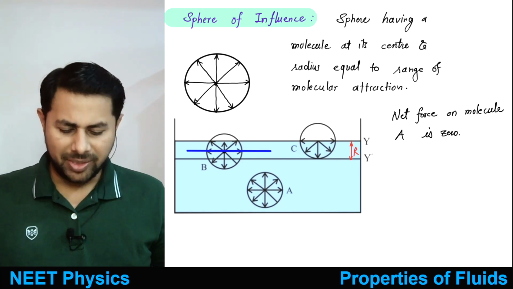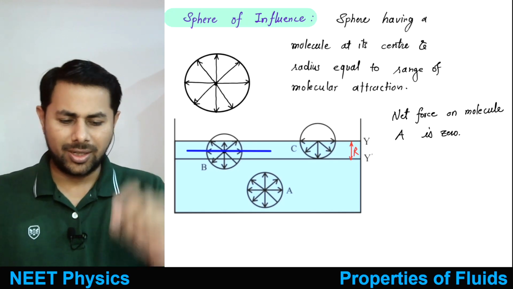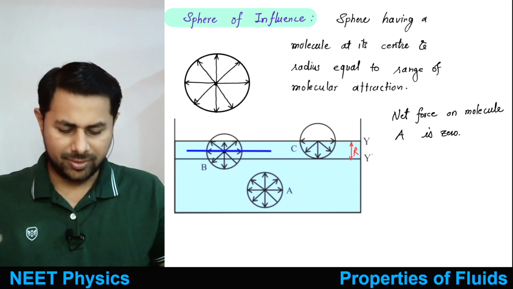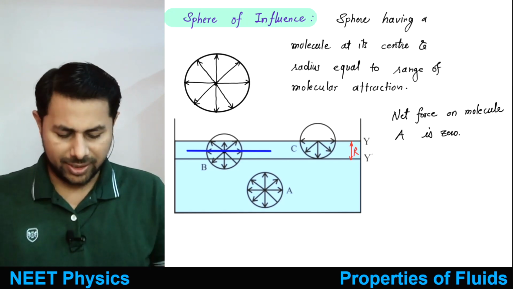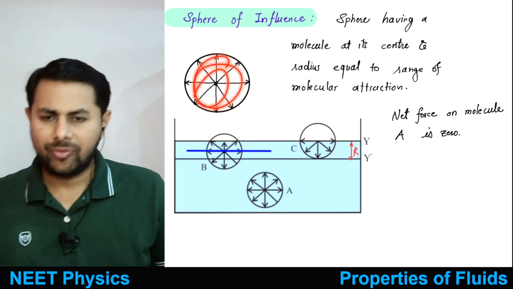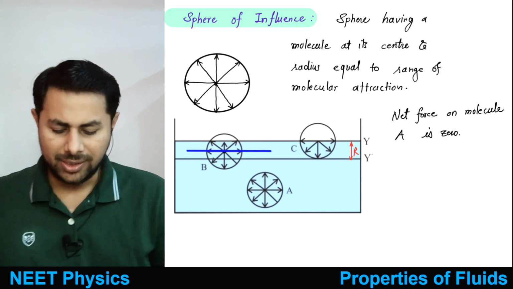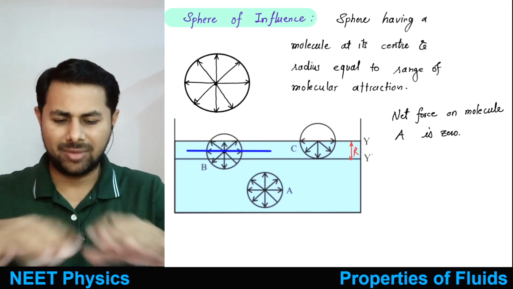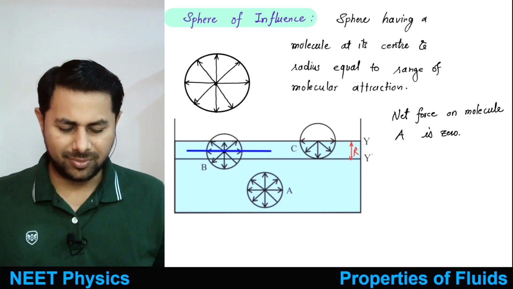So what is the meaning of the sphere? If you consider any molecule, then it will get attracted by the molecules in the surrounding region which come within this sphere. This is known as the sphere of influence. So it gets influenced by the molecules within this sphere.